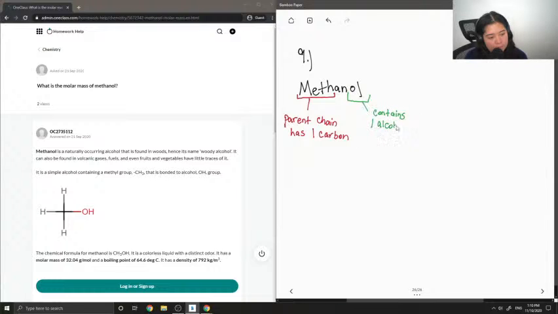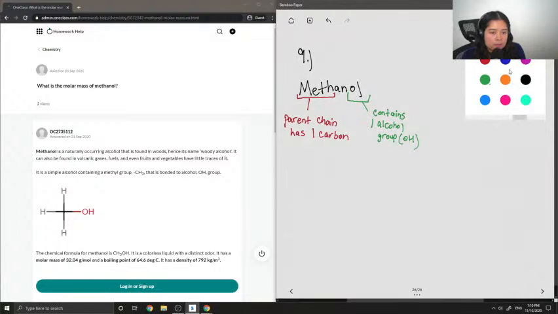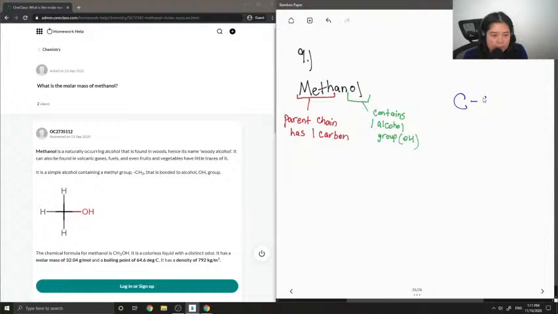So alcohol functional groups are OH. So now let's write down the structure. We have the 1 carbon. We know it contains an alcohol, only 1 alcohol. But since carbon needs 4 bonds in total to be stable, I'm going to fill out the rest of the bonds with just hydrogens.